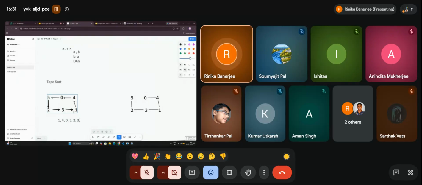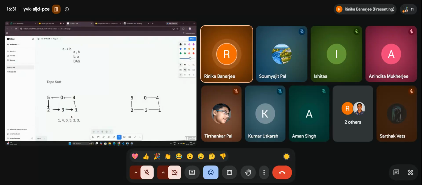But at the same time, here there is an edge from 3 to 1. So 3 must also come before 1, right? So it's not possible for two nodes where both of them must come before the other. We can't have 1 coming before 3 and at the same time 3 coming before 1. So this is why topological sort is not possible for a directed cyclic graph.